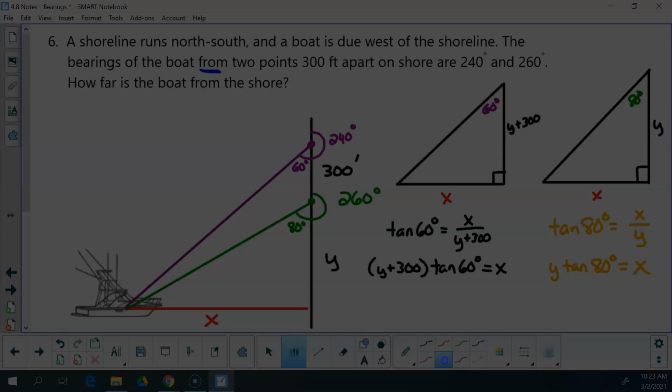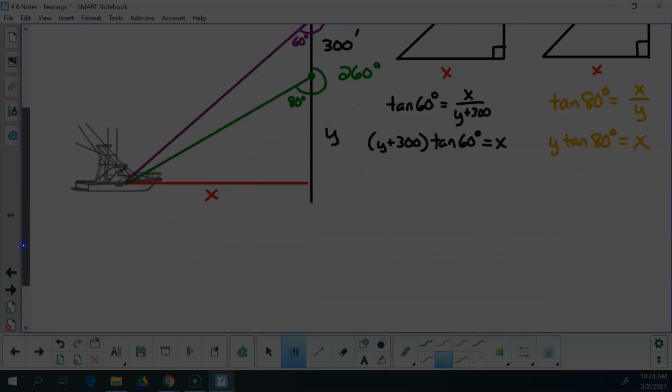Since they are both solved for x, what can we do? We can set them equal to each other.